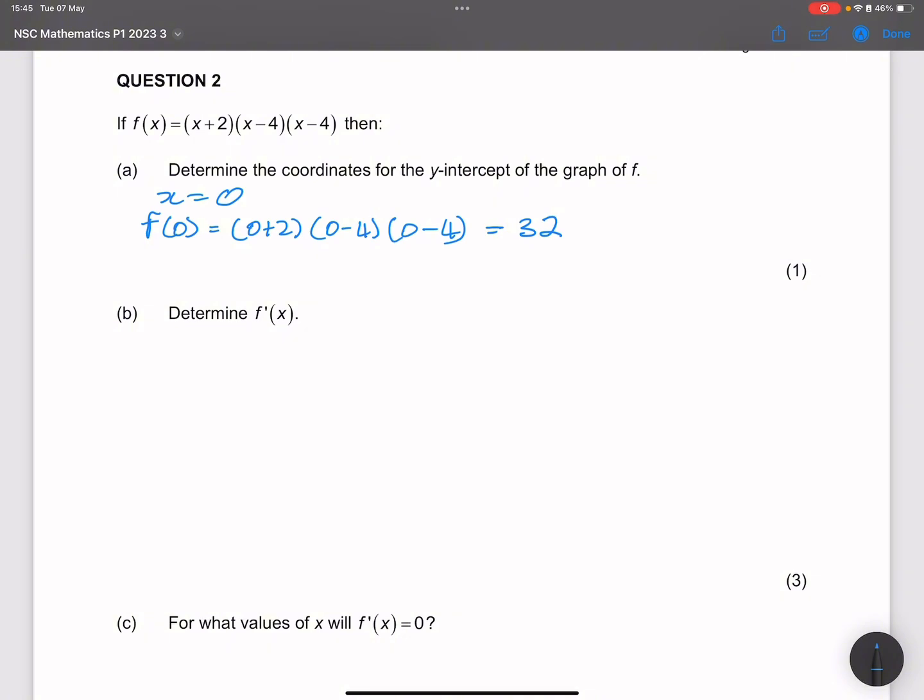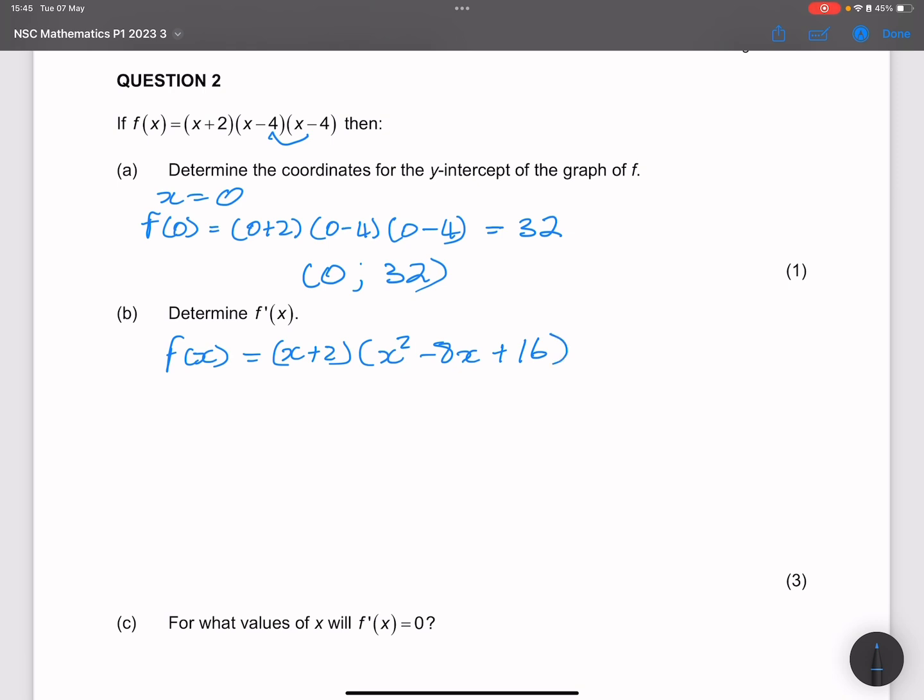So we know in this case, the coordinates of the y-intercept would be where x is 0 and y is 32. So they say determine f prime x. To do that, we'd need to multiply out first and get f of x. So that would be x plus 2 into, if I multiply those two brackets together, I get x squared minus 8x plus 16.